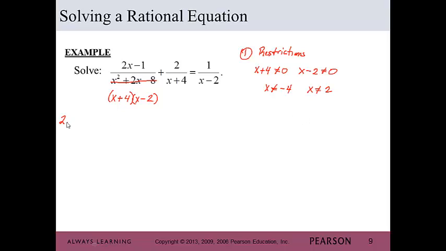Then step 2 is to find the LCD and multiply every term by it, where our LCD is going to be x plus 4 times x minus 2.